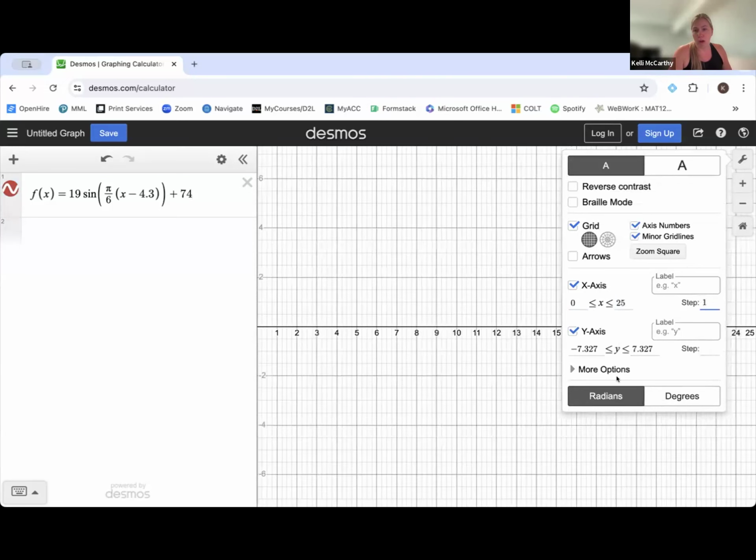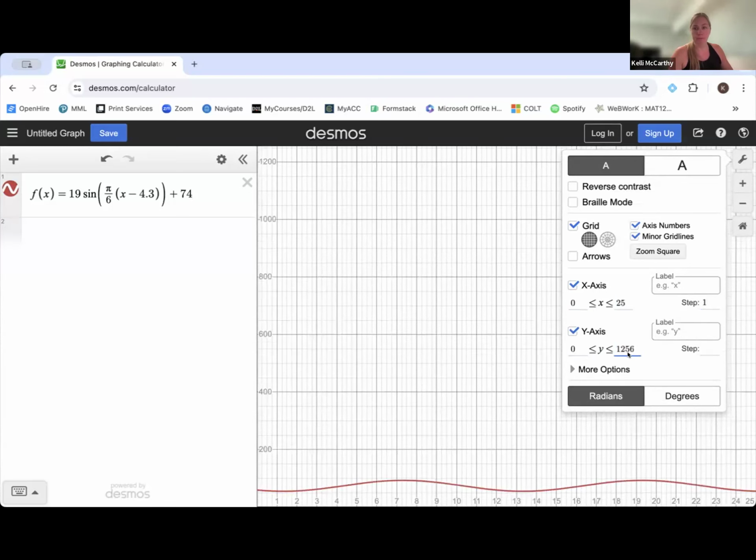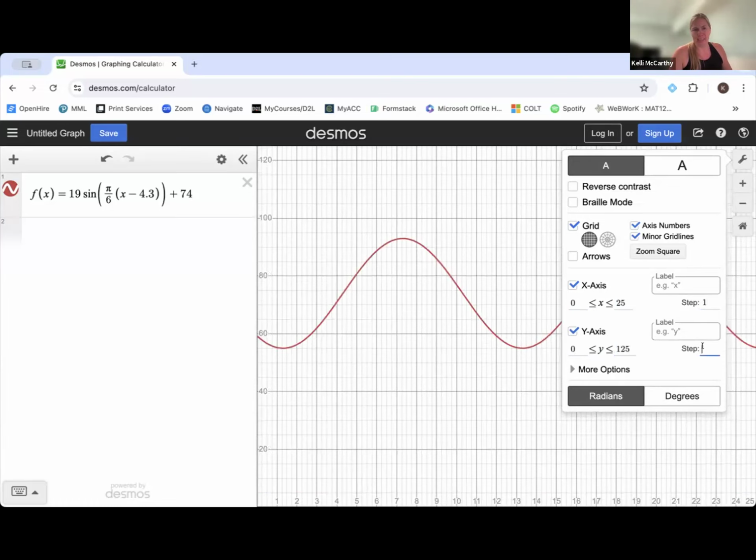I'm going to just go by ones. The step is what units we want to go by. The y-axis, we want to go from 0 to 125. This we might want to modify, but it looks like it's graphing pretty nicely, so I don't think we need to mess with that.